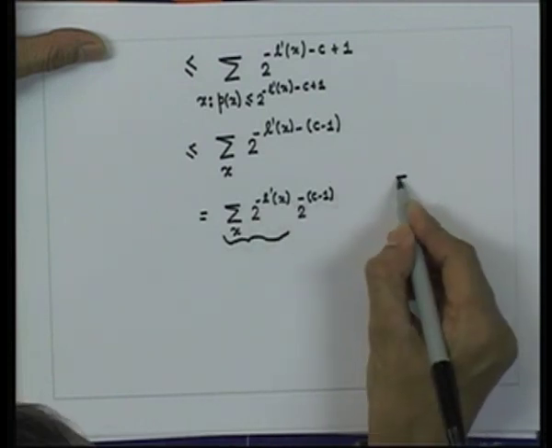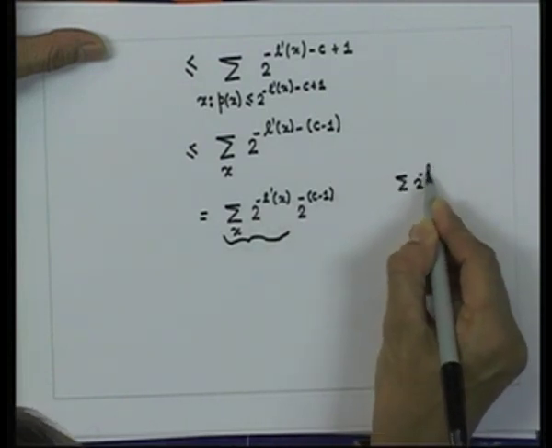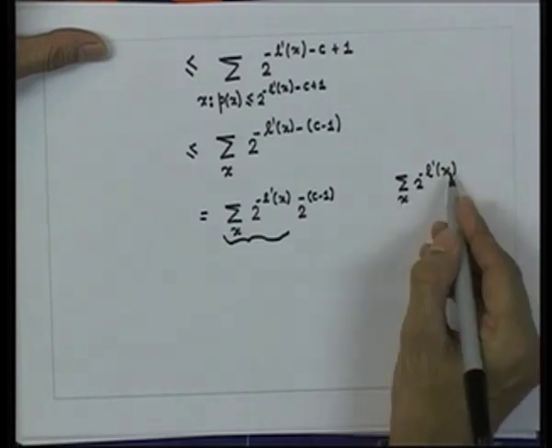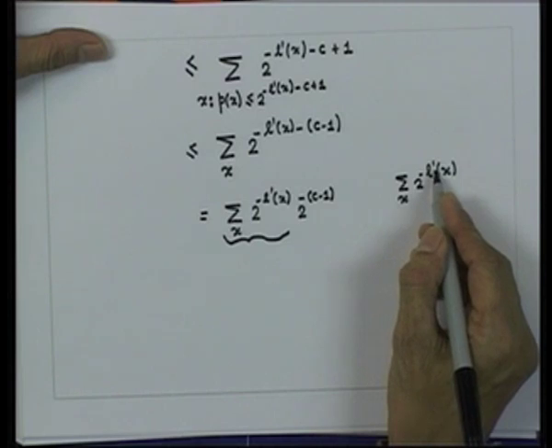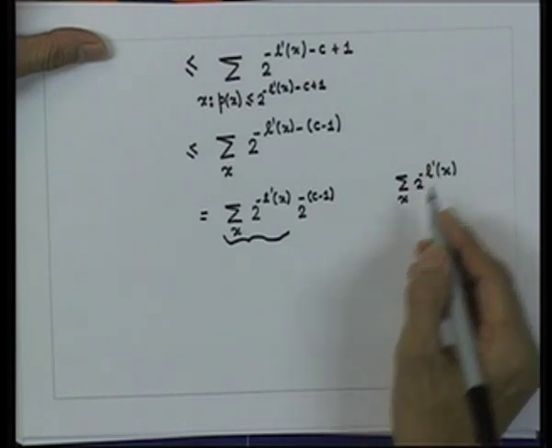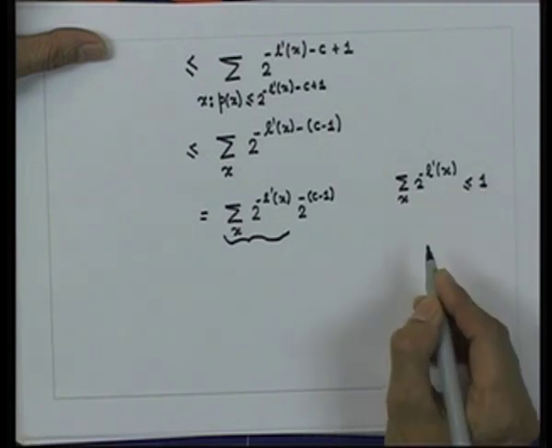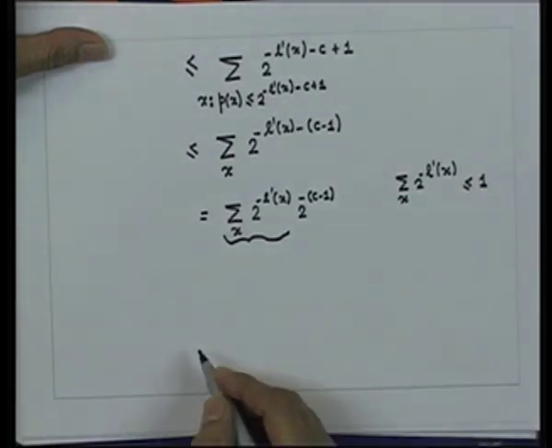So, the summation of 2 to the power minus L dash x, if I assume that the code which I am considering is uniquely decodable, then this should satisfy the McMillan-Kraft inequality. So, this is less than or equal to 1.